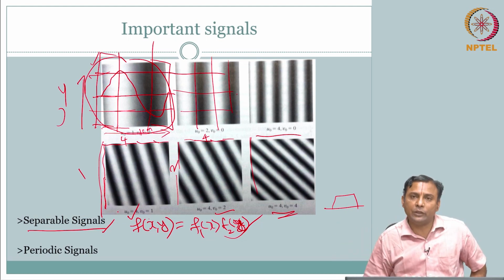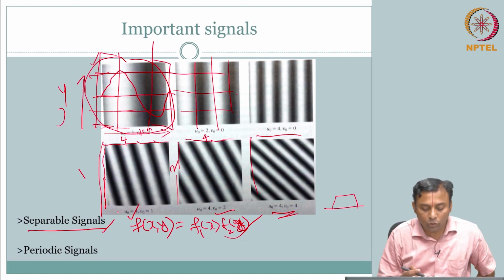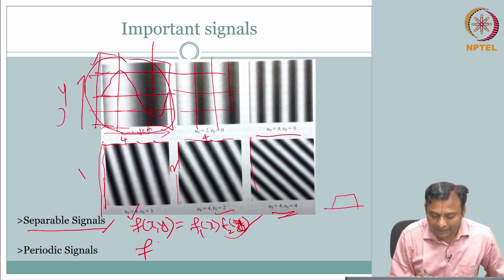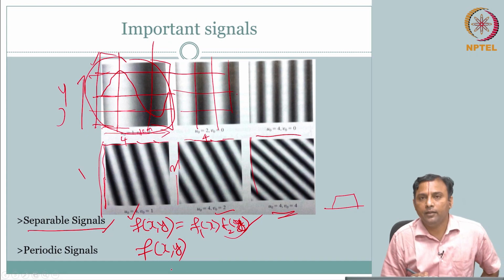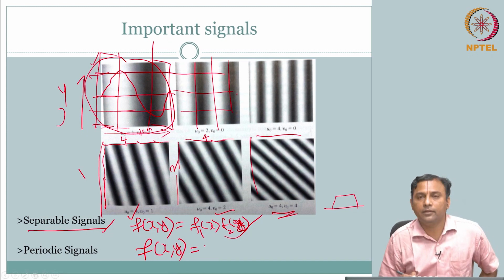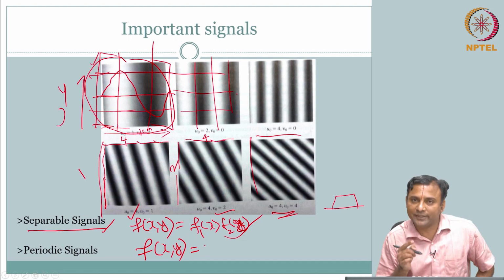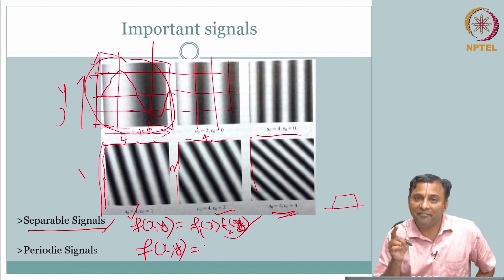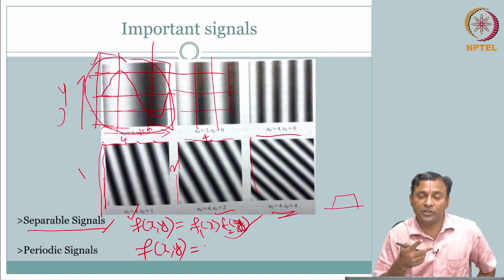So you have to extend that to two dimensions. How do we extend it? The only catch is f of x comma y needs to be periodic, but where? I have two dimensions, so it has to be periodic in both directions.